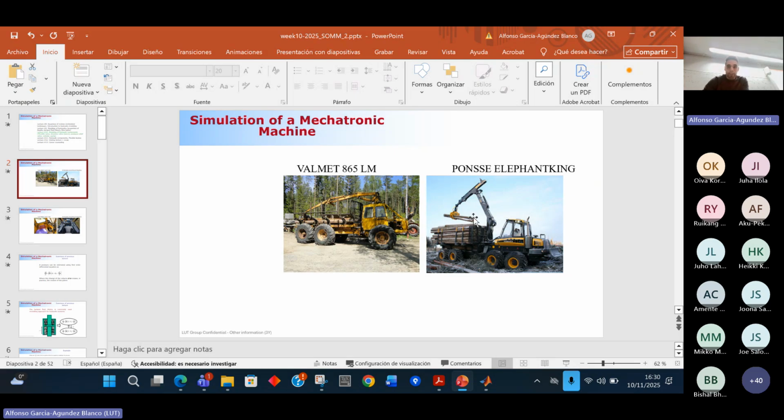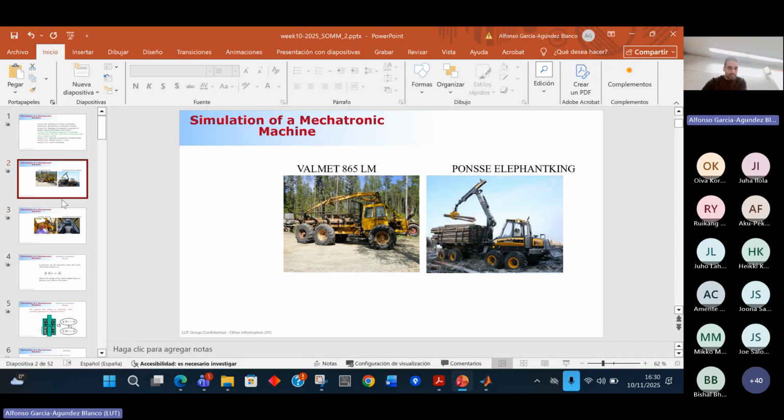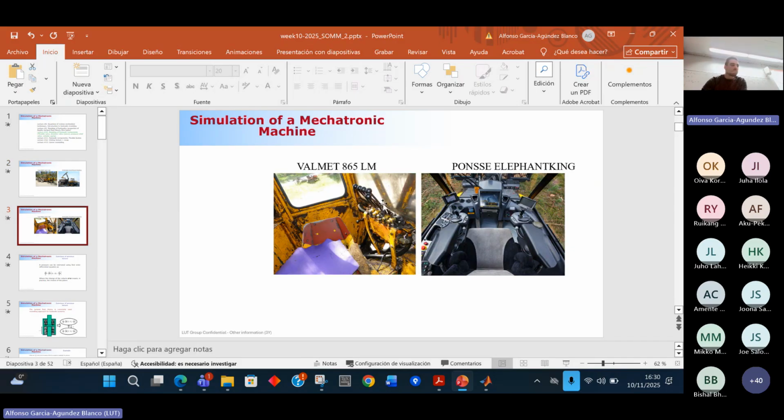I show here the forestry machinery from outside, and here from the inside. So what I want to show you is that hydraulics have been used for many years, but you can see that in terms of the actuators, it hasn't changed much. But the most important changes, let's say, appear from the user point of view. So here, for example, in the first machine, you can see different levers, okay, to actuate on the actuators.